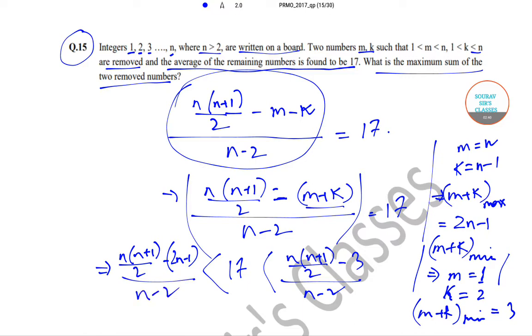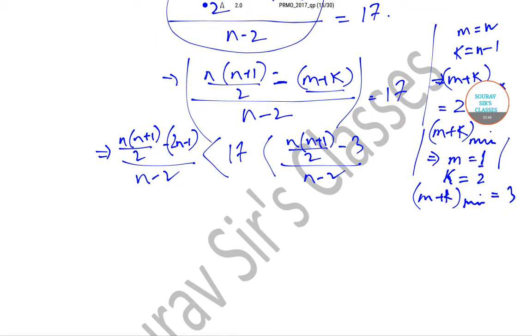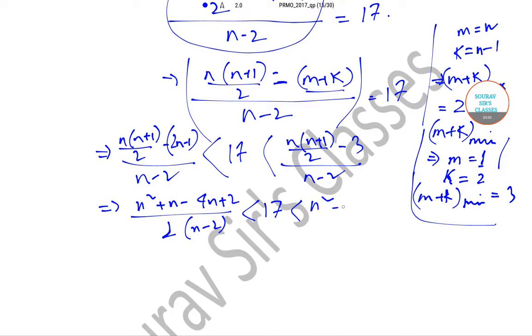So we have to solve this entire structure, and then we'll get a particular range of n. If we try to solve it, this will give us n square plus n minus 4n plus 2 upon 2 into n minus 2, which will be less than 17, and finally n square plus n minus 6 upon 2 into n minus 2.